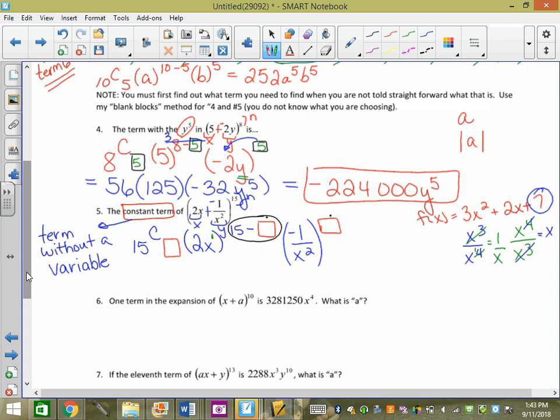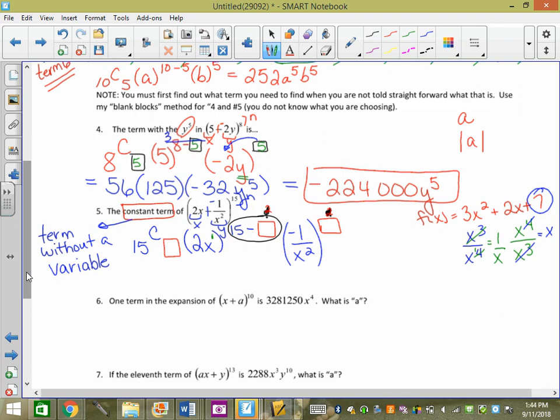So let's try 0. You could work your way through. So I put a 0 here. Don't do this. And I put a 0 here. This would be x to the 15, and this would be x to the nut that's gone. Would that work? Did they cancel? Are they the same? No. So let's try a 1. This would be x to the 2, because 2 times 1 is 2. And this would be x to the 14. Do they cancel? No. Let's try a 2.